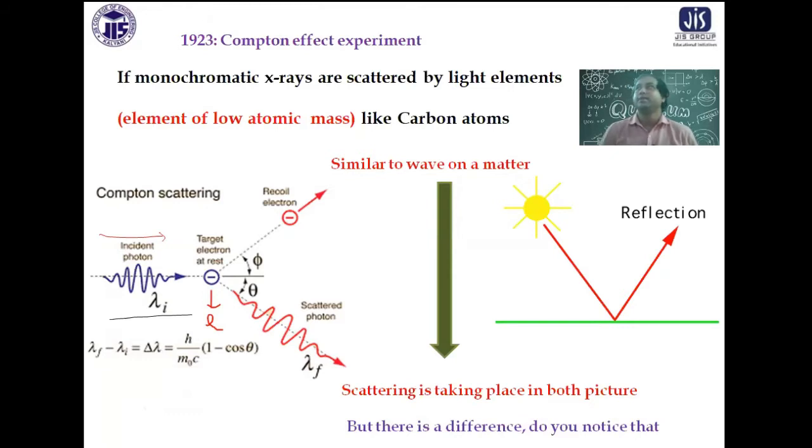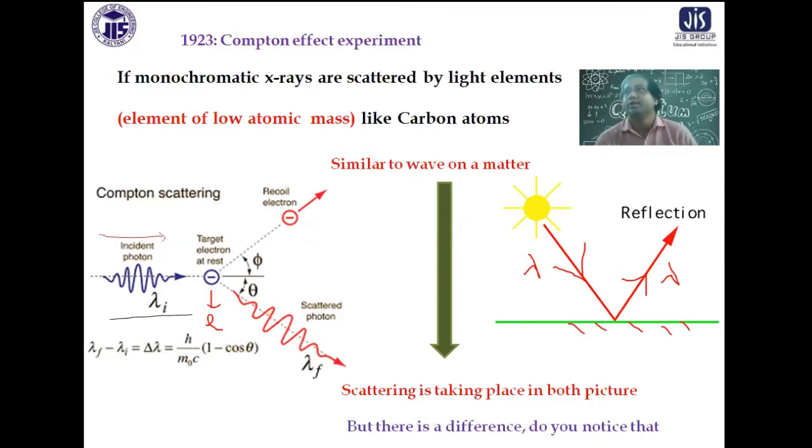So it seems to be a scattering phenomenon, just like some radiation coming in and being scattered from a surface. Suppose it's a mirror, for example. A wave is incident on a matter, and I get a scattered beam. So if it's red light coming in, the reflected color is also red.